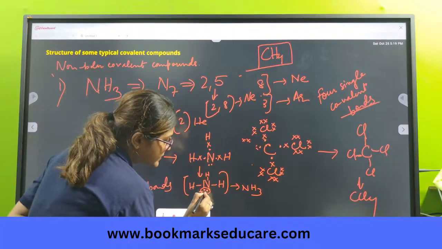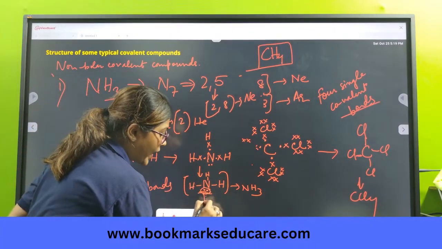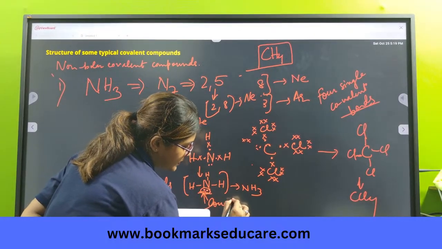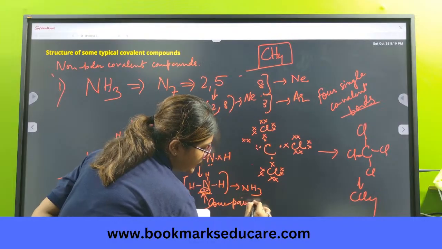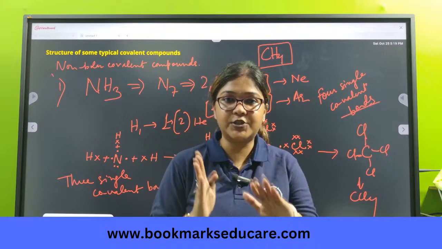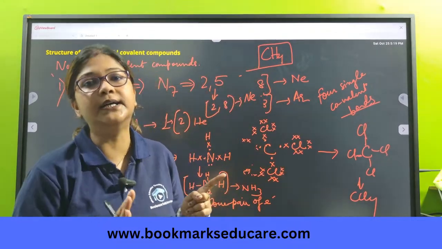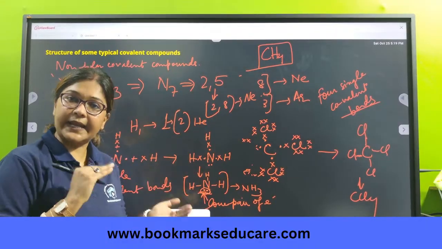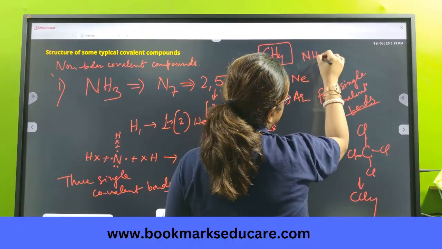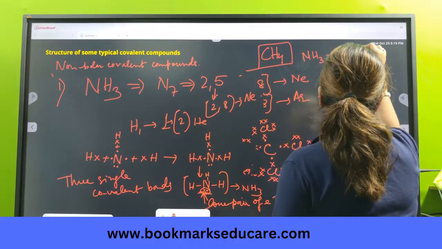This is known as a lone pair of electrons. So a lone pair of electrons is that pair which is not shared by the interacting atoms. So in ammonia we have 1 lone pair.